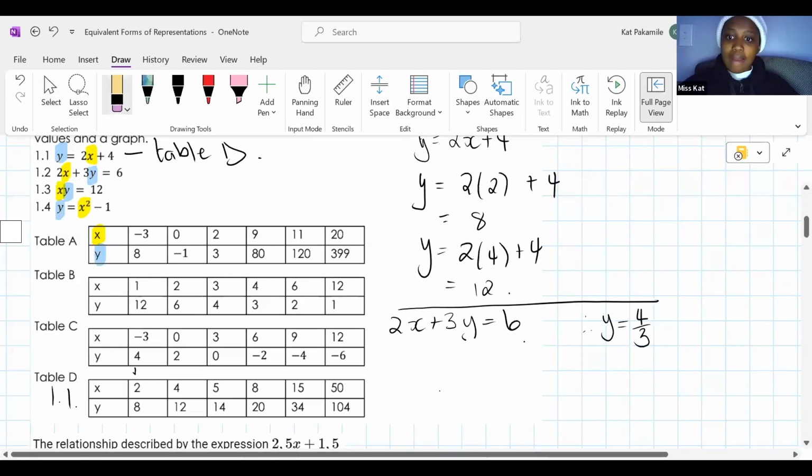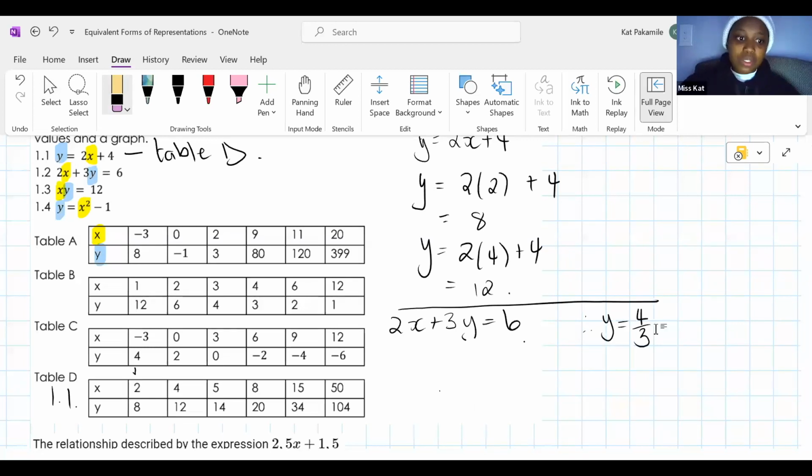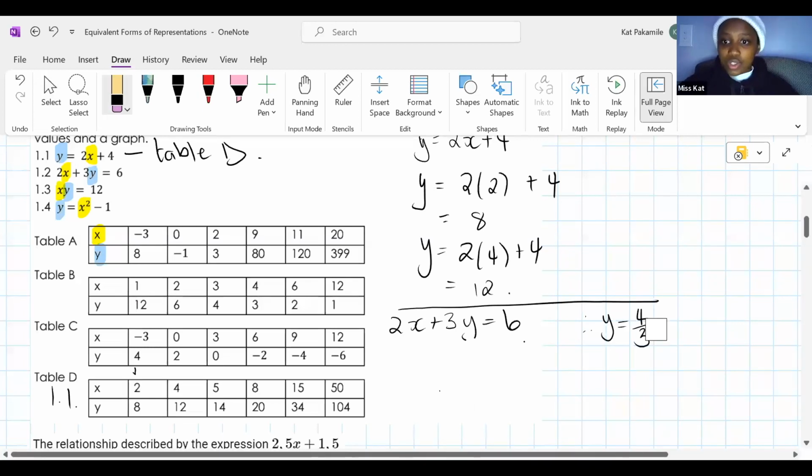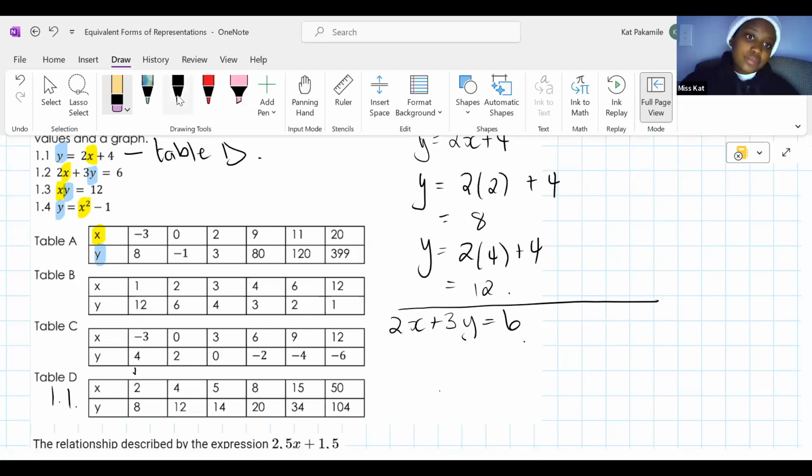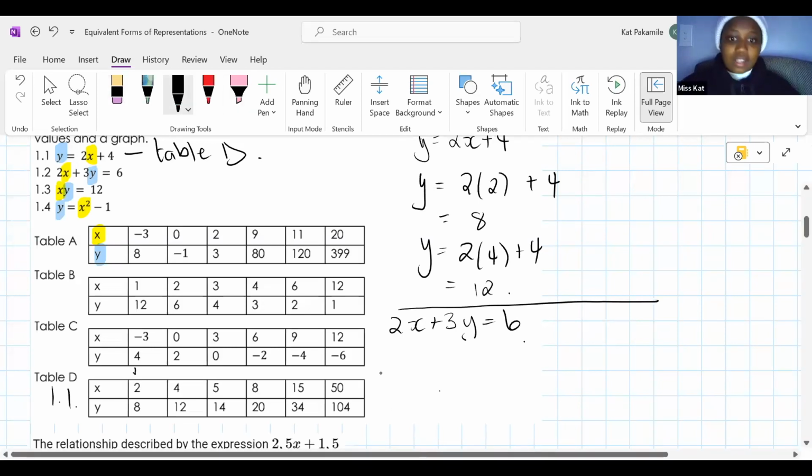Paul, do you want to do one more substitution with me? Beautiful. Now let's try table C. Which input do you want to choose in table C so we can test it? -3. Let's do that. So 2 times -3 plus 3y equals 6.